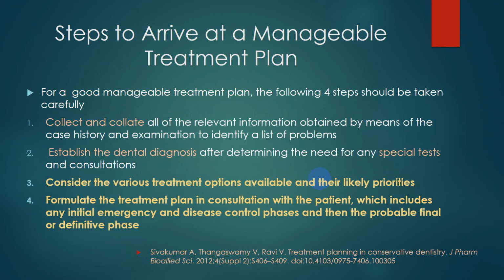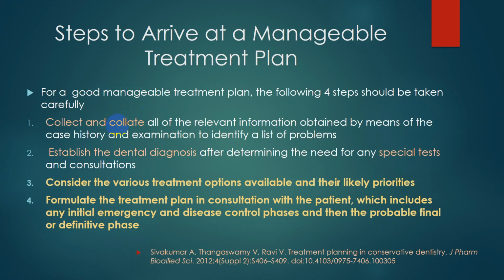Okay, now after we appreciated the importance of writing down a treatment plan, we need to start talking about how to arrive at a manageable treatment plan. Sometimes you don't want an ideal treatment plan that cannot be managed. Now we need to arrive at a good, manageable treatment plan. We will start with collecting the data.